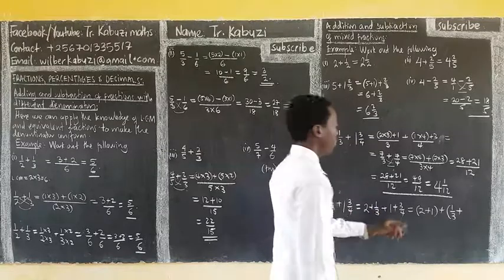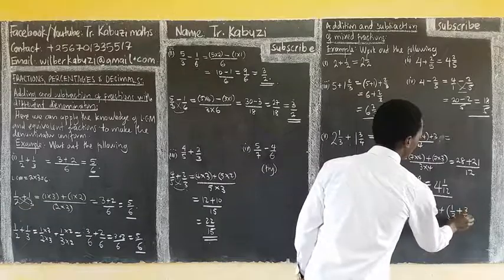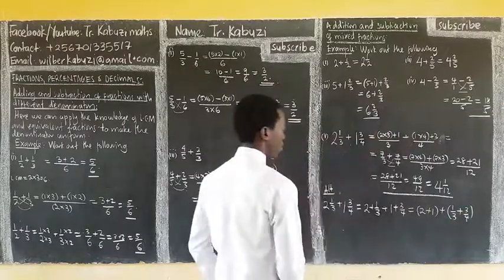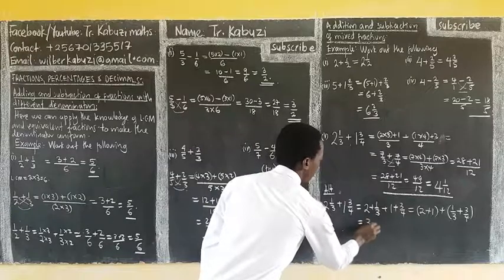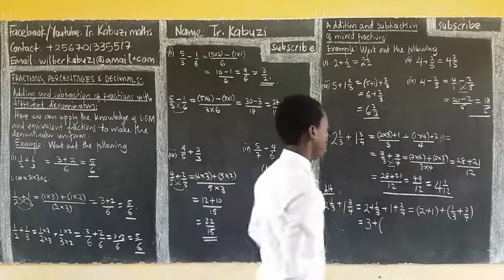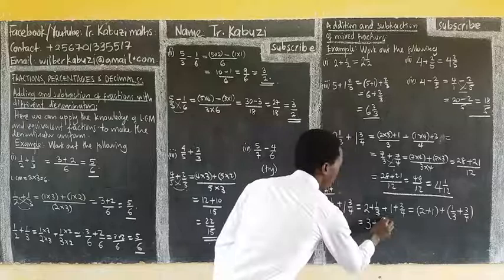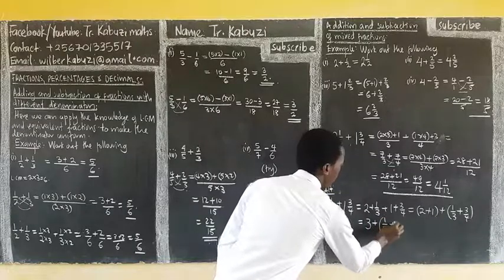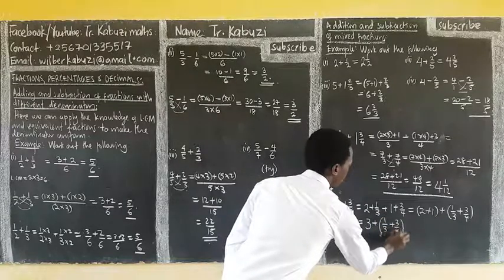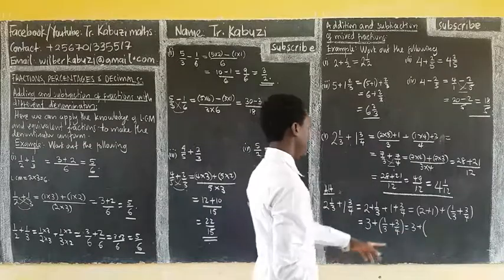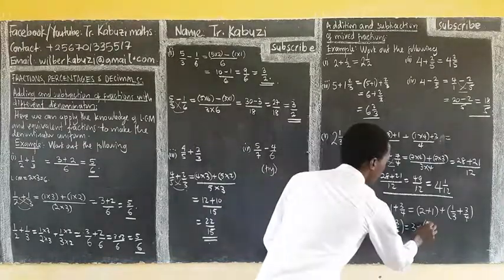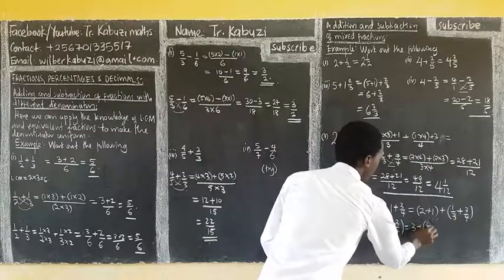Plus this 3 over 4. I am having now this 3, then plus 1 over 3 plus 3 over 4. Can you simplify? This times this is going to be 4.